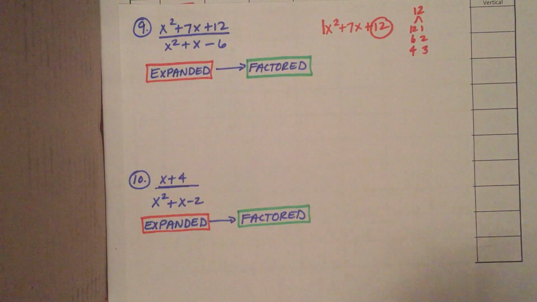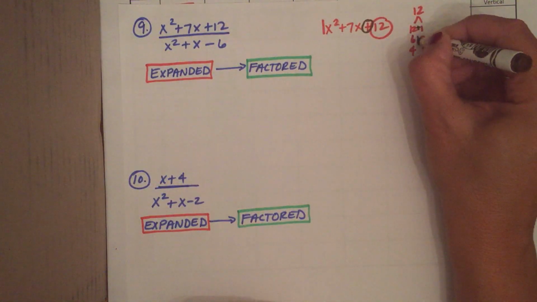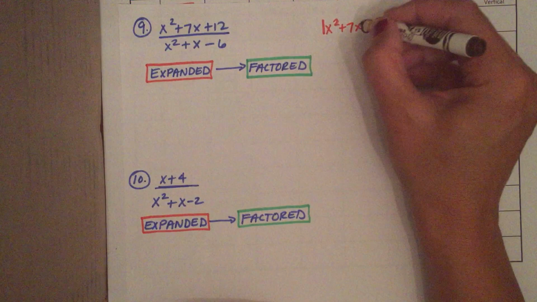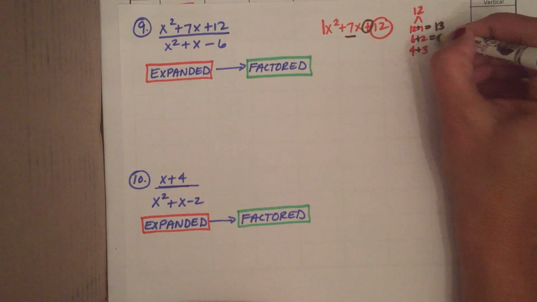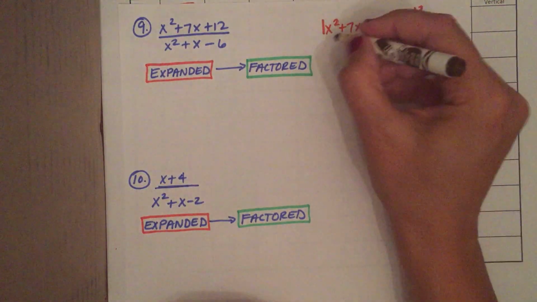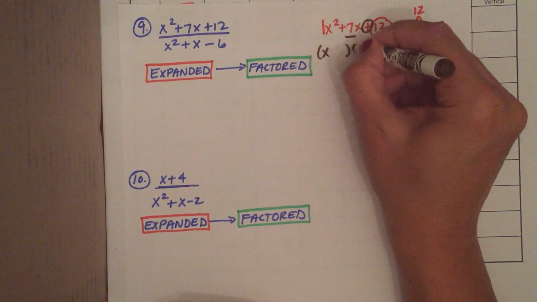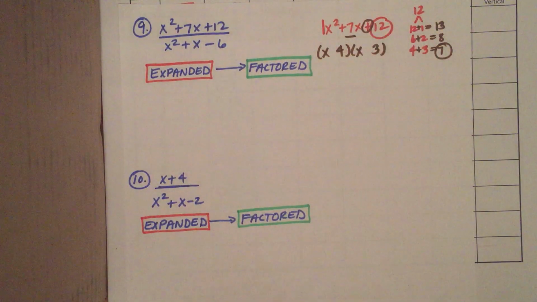So I'm going to look at the sign of my C term, which is plus. So these are all added. And I'm looking for two factors that add up to 7. So 12 plus 1 is 13, 6 plus 2 is 8, 4 plus 3 is 7. There we go. So I'm going to have x and x, and 4 and 3.